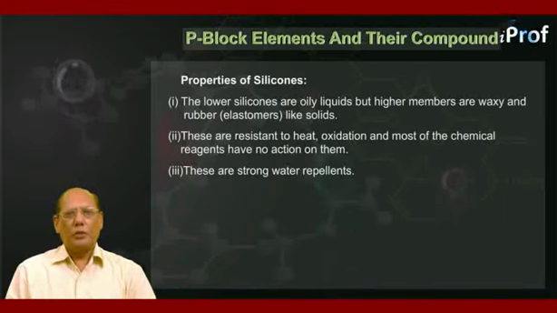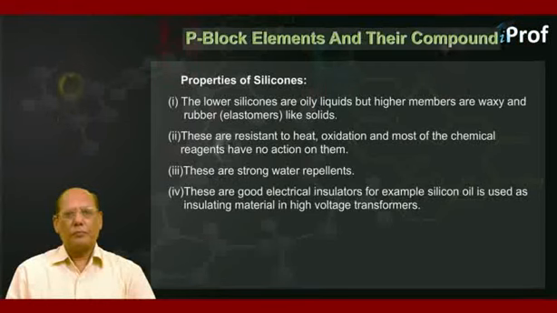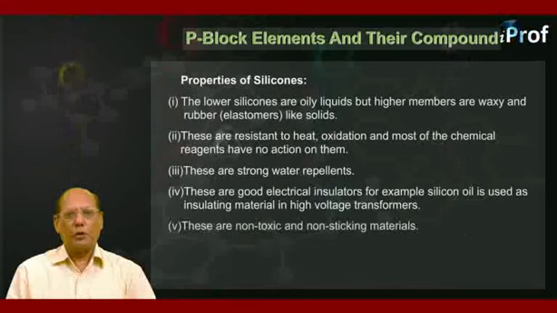Third, these are strong water repellents. Fourth, these are good electrical insulators. For example, silicone oil is used as insulating material in high voltage transformers. Fifth, these are non-toxic and non-sticking materials.